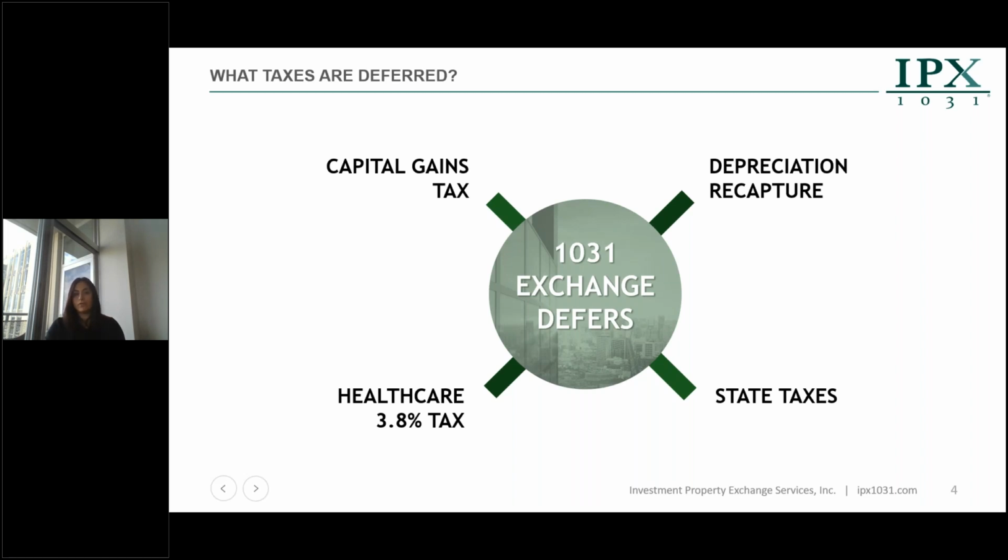So when you group all of these together, most CPAs will tell you that their clients that sell real estate and don't participate in 1031s pay anywhere from 28 to 35% in taxes on the profits from their sales. And the 1031 is the only solution out there to defer paying these taxes when you're selling investment real estate.